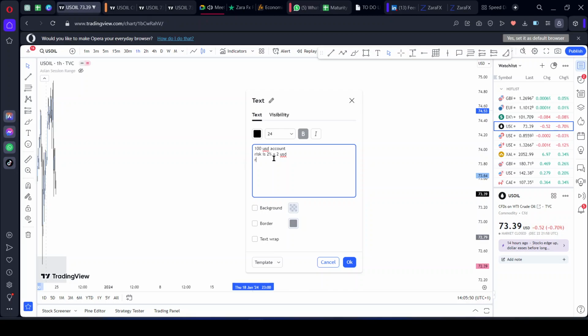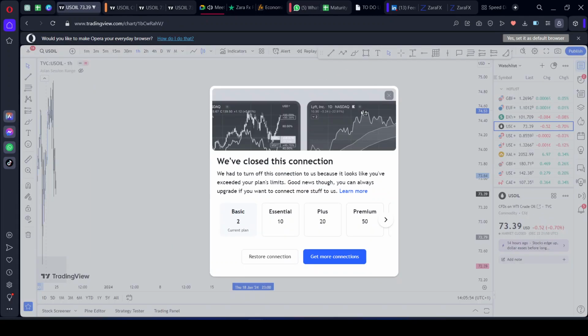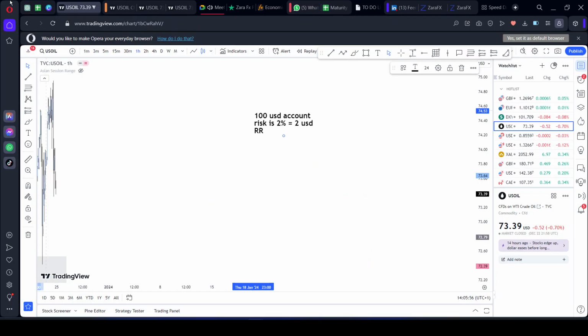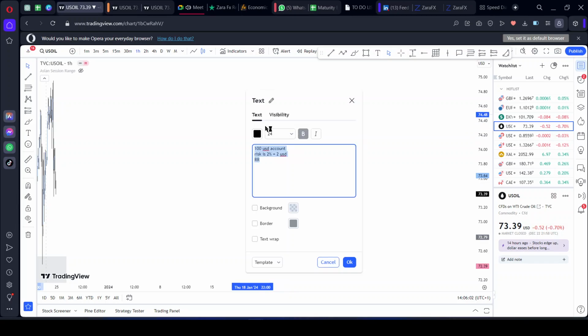My risk to reward is called RR. RR is 1:2. So I won 3 trades, I lost 7 trades.